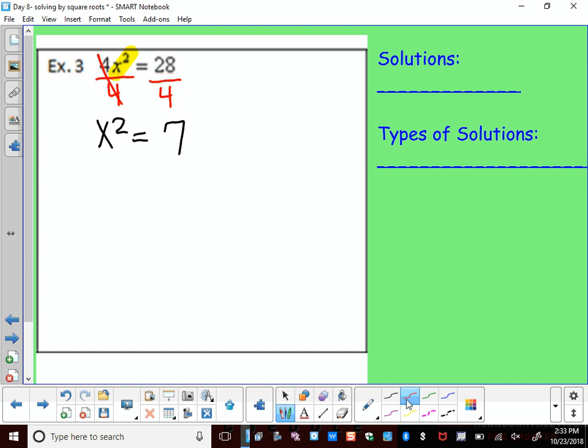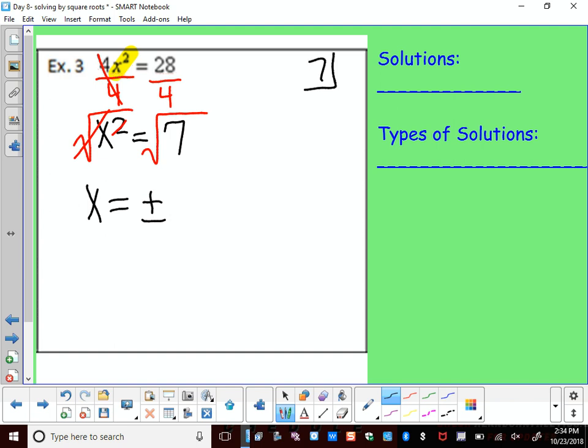To get rid of my square, I need to take the square root. Essentially I want x by itself. My square root cancels out, so I'm left with x equals plus or minus square root of 7, because this does not reduce.